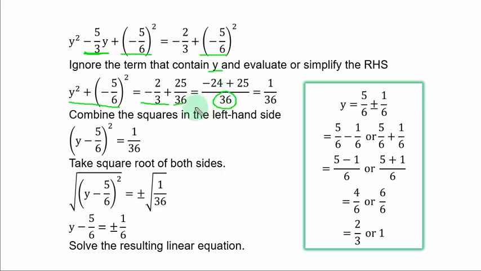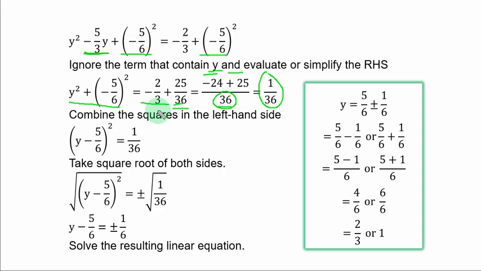Divide 36 by 3, you have 12 times minus 2, you have minus 24. Divide 36 by 36, you have 1. 1 times plus 25, you have plus 25. And when you add, you have 1 over 36 to be the right hand side.